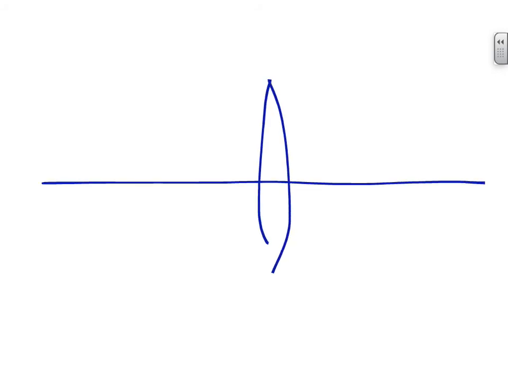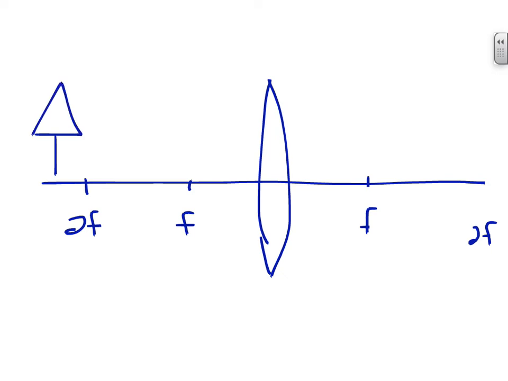The last thing that I told you is going to be on the test is that you're again going to have to draw a ray diagram. So if we have a ray diagram, we're going to have an F on both sides, and we're going to have twice that, which is going to be 2F, and we should have some sort of object, usually an arrow or something exciting.